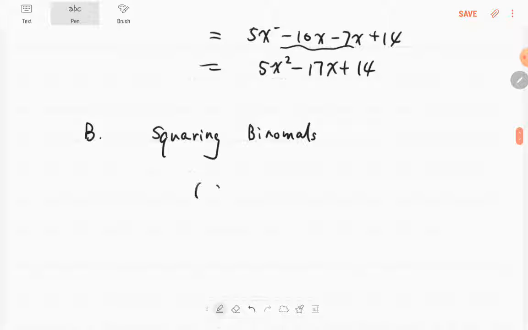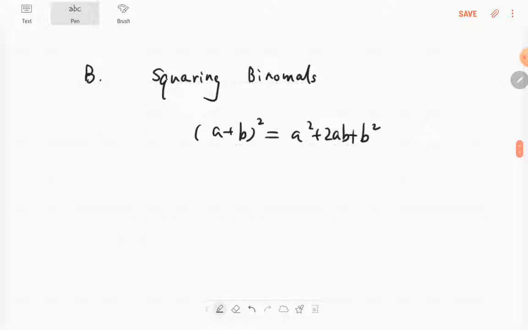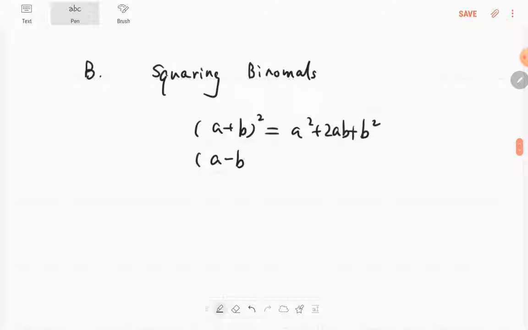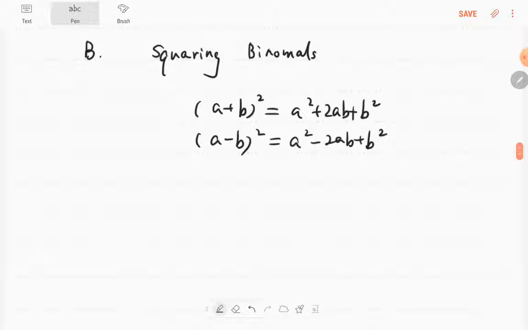So if we have this one, we actually have the special formula for this squaring binomial. If we have this, we have this formula. So this is the special formula.